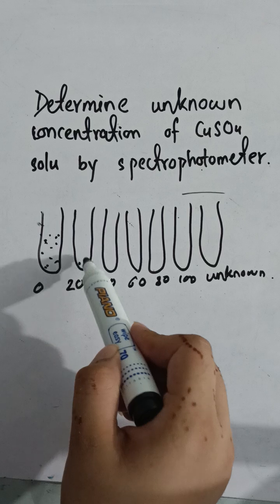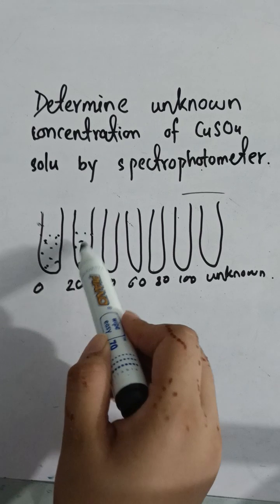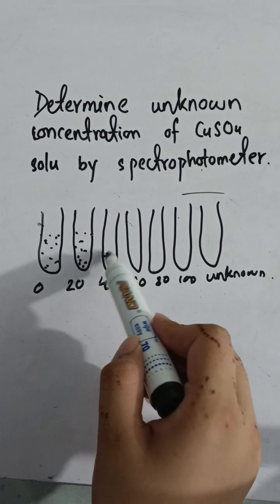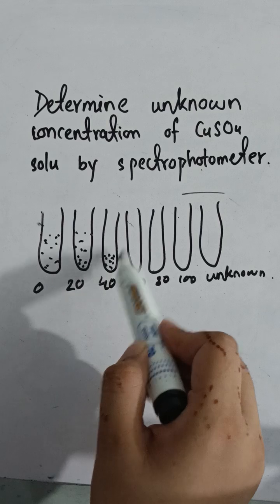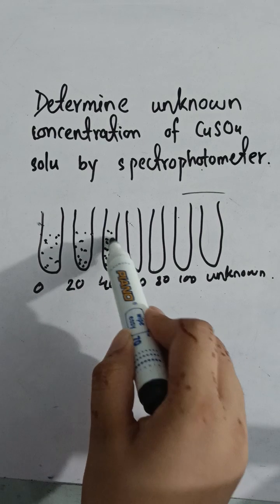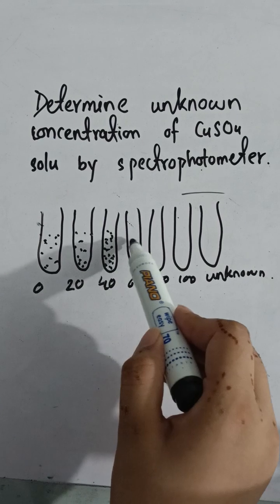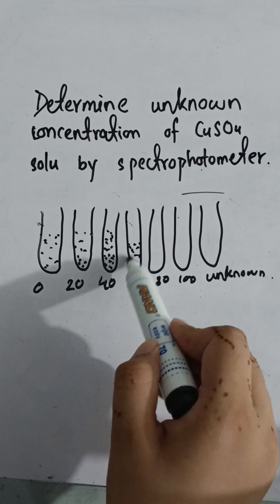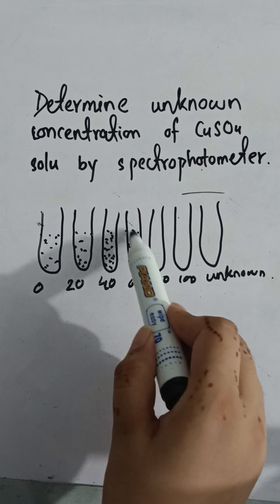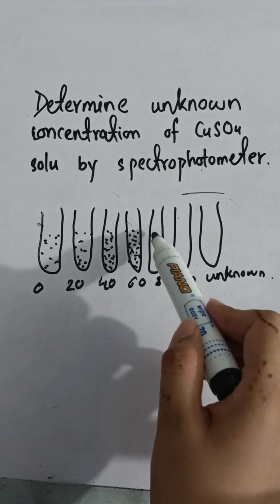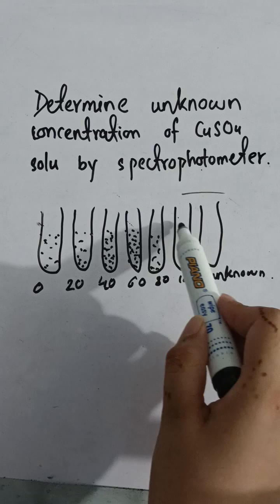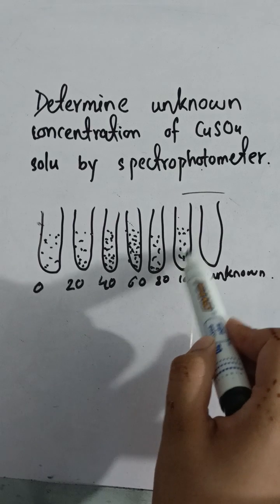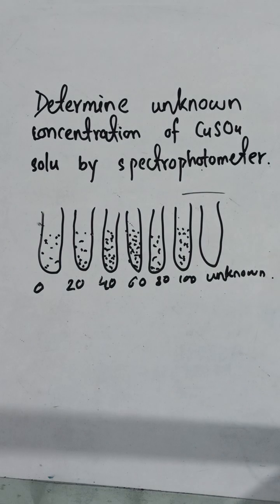It contains 20%, while the rest is the solvent. It contains 40% of CuSO₄, while the remaining portion is the solvent. It contains 60% of the copper sulfate solution, 80%, and then the 100% is also there. And last, the seventh, is the unknown to us.